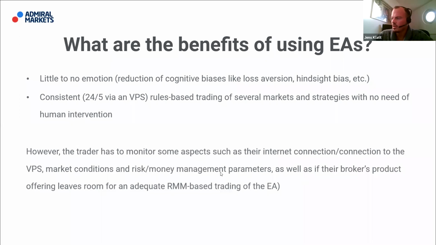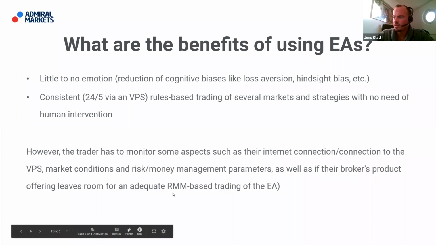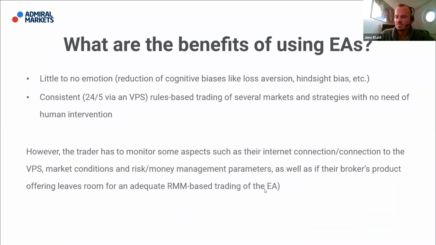And also here, it's important whether the broker's product offer leaves room for adequate risk management-based trading of the expert advisor. What do I mean by that? In case of Atma Markets, for example, you have a broker which is offering micro lots. So in case of the DAX, it means you can trade as low as 10 cents per DAX point, like you're trading micro DAX CFDs if you want.